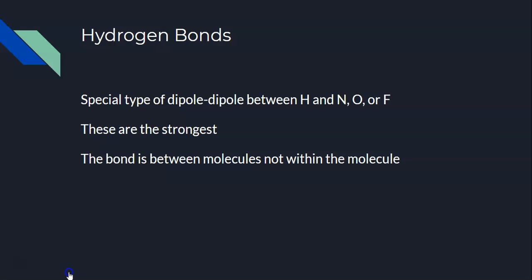Again, this bond is the fact that each HF molecule is attracted to another HF molecule, or a water molecule is attracted to another water molecule. The whole molecule, not within it. That's completely different, so make sure you're understanding. It just helps us to know that the hydrogen bond only occurs in molecules that have hydrogen and then the other 3: fluorine, nitrogen, or oxygen.